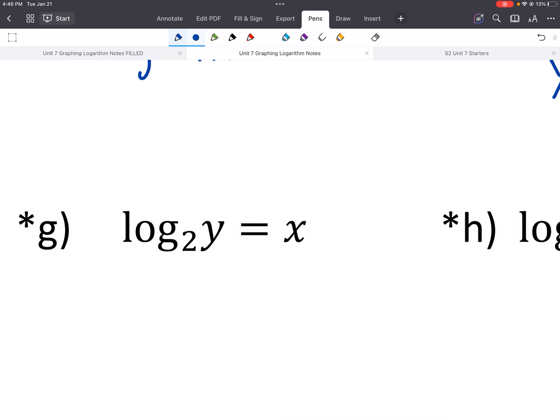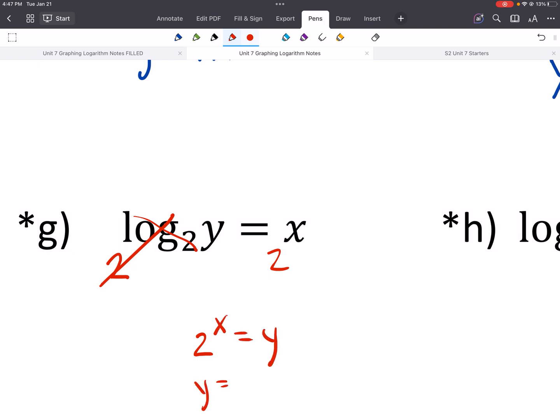Okay. Just like that, there are opposites for logs. So the opposite of log base 2 is a base of 2. So log base 2 cancels out a base of 2. So our answer here would be 2 to the x equals y. Or you could write it the opposite way.